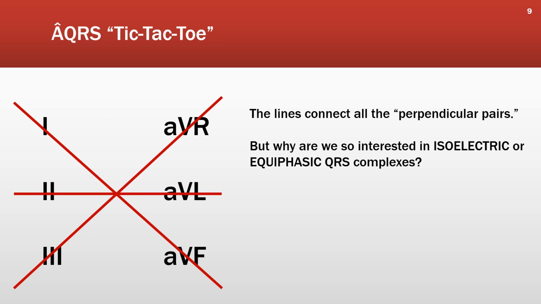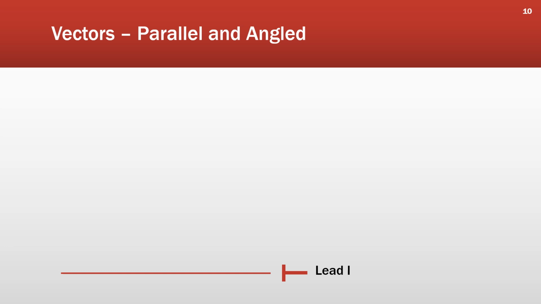But why are we so interested in isoelectric or equiphasic QRS complexes? Let's talk a little bit now about vectors. Vectors that are parallel or angled with respect to the different lead axes.